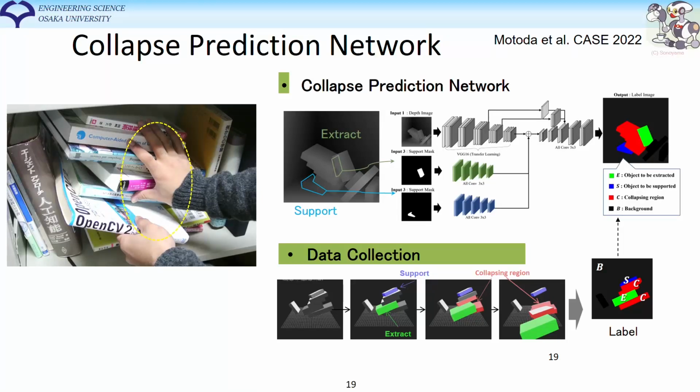As shown in this figure, at the top we show the depth map, in the middle we show the object to be extracted, and at the bottom we show the object to support. By the combination of the depth map, the object to extract and the object to support, we predict whether the pile will collapse or not.